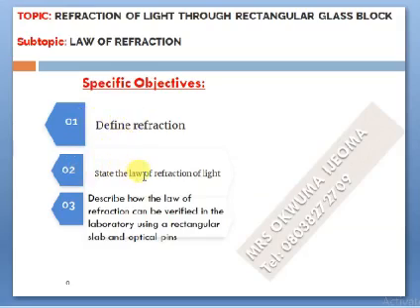Secondly, state the laws of refraction of light. And thirdly, describe how the law of refraction can be verified in the laboratory using a rectangular slab and optical pins.